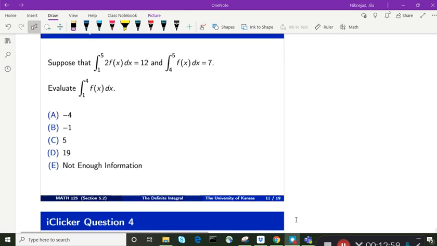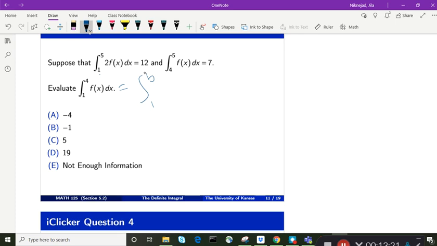Okay, so how do I go about this? Look at the bounds. Bounds here 1 to 5, here 4 to 5, here 1 to 4. Apparently the bounds are not matching. But I see that I have 1 to 4, and remember it's a sum, right?